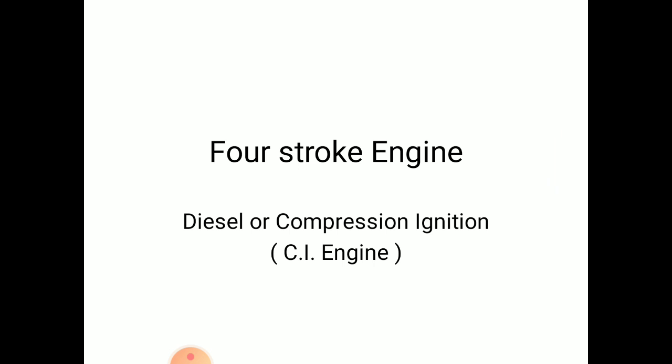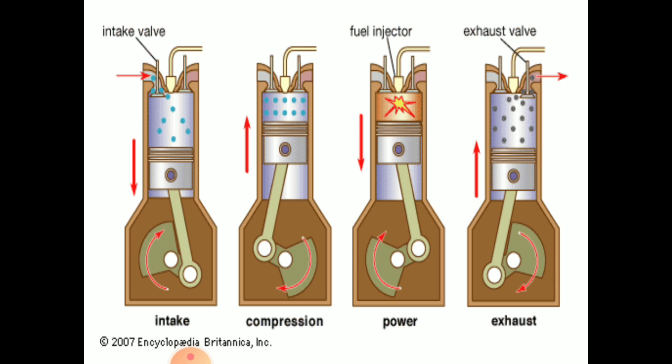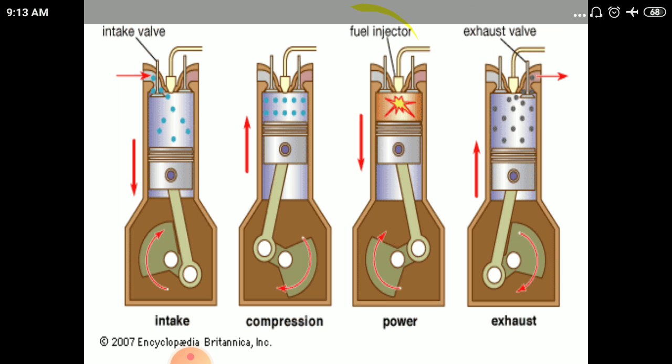Here the construction: cylinder, piston assembly, connecting rod, crankshaft, cylinder head, crankcase, inlet and exhaust valve, fins for cooling. You can see the construction: inlet valve, exhaust valve, fuel injector.